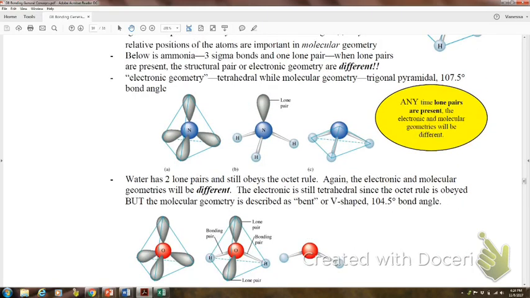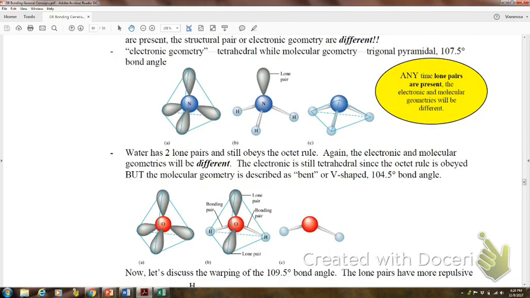Water has 2 lone pairs, so it still obeys the octet rule, with 8 around it. Again, because it has 4 areas of electron density, the 2 bonds and the 2 sets of lone pairs, its electronic structure would still be tetrahedral, because it's obeying the octet rule. But its molecular geometry is bent.